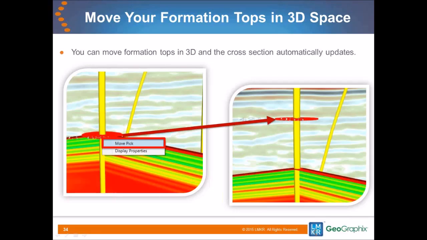So you're not just doing it based on seismic, you can actually see your entire log template along the wellbore. And once you pick or move that pick in 3D space, your cross-section will update automatically.